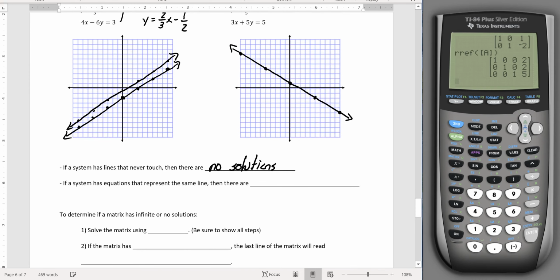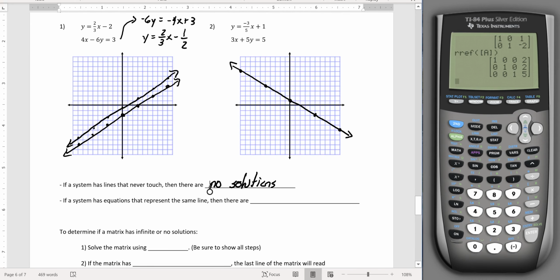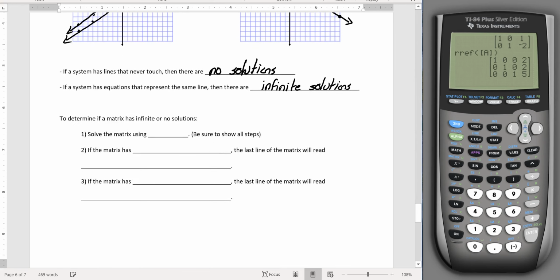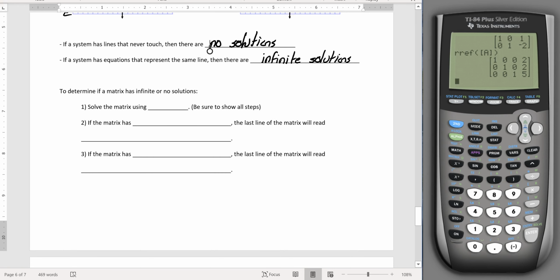On number 2, the two equations represent the same line, which means that in that case there are infinite solutions. So we need to know how to detect that if we're solving using a matrix. All right? To determine if a matrix has infinite or no solutions, step 1, solve the matrix using RREF.